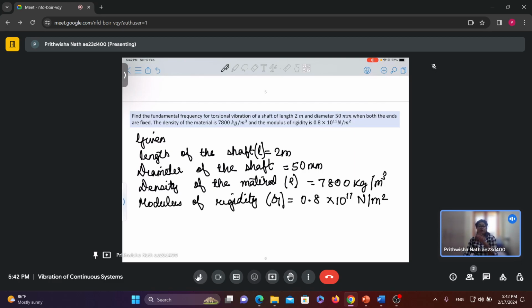So in this question we are asked to find the fundamental frequency of the torsional vibration. So from previous question we know that omega n equals n pi by L square root of G by rho.